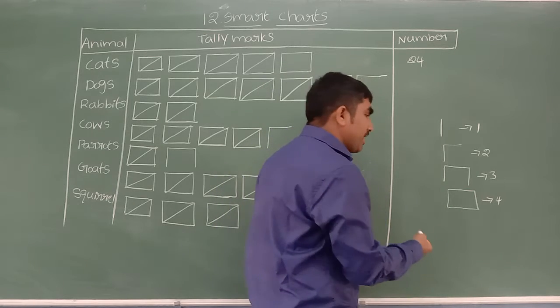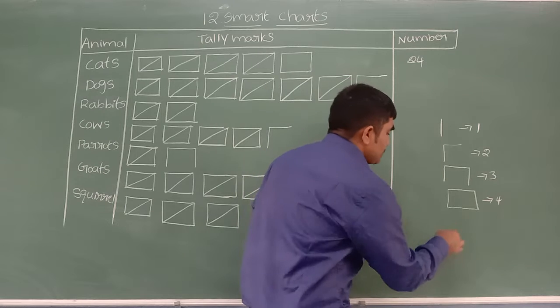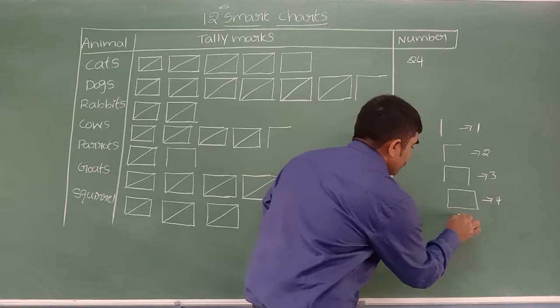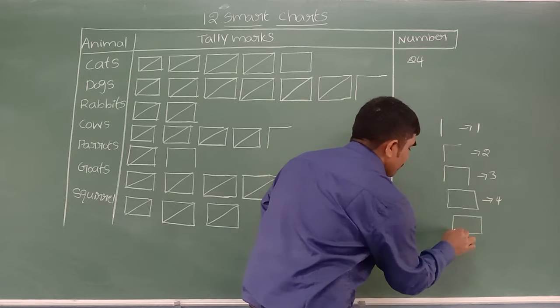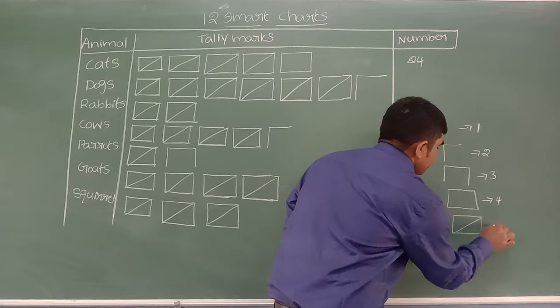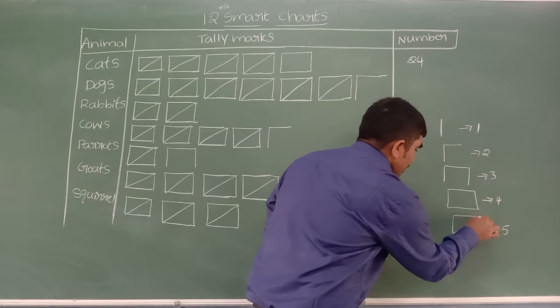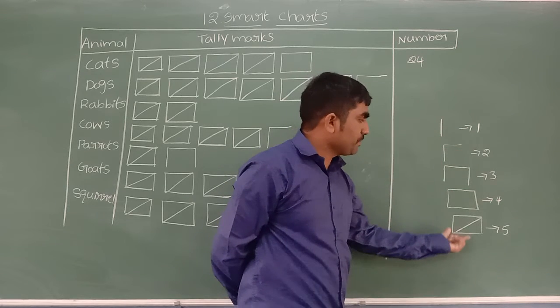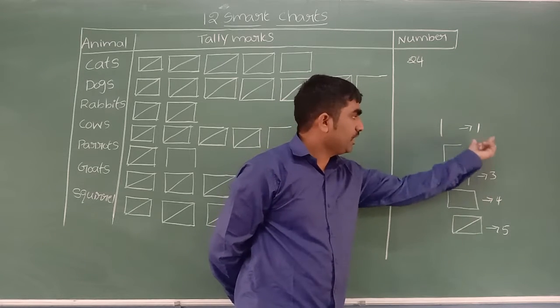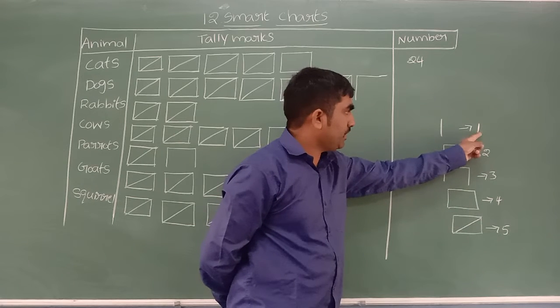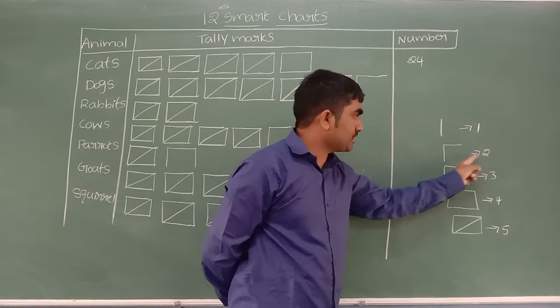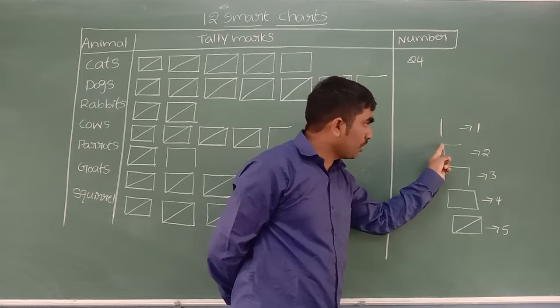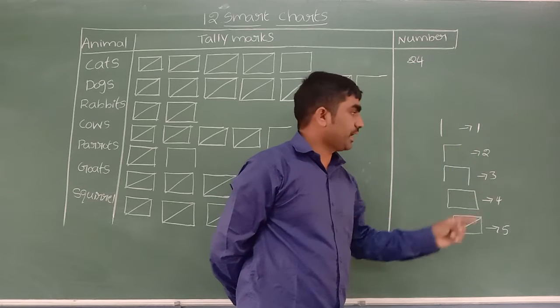Suppose one more student said cat is his favorite animal. So 1, 2, 3, 4, 5. This one is a diagonal. These are the different symbols used to represent the numbers. Only one student, one vertical line. Two students, one vertical line and one more horizontal line attached.